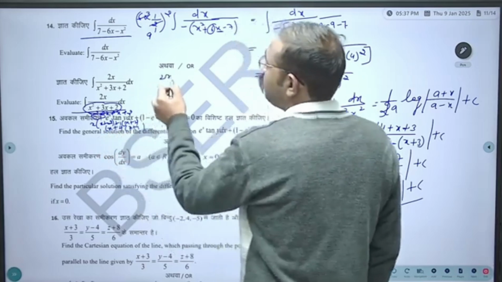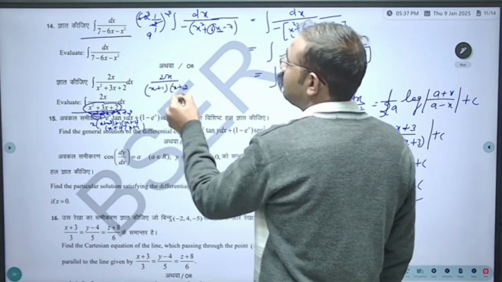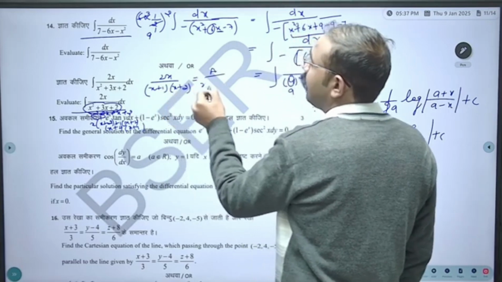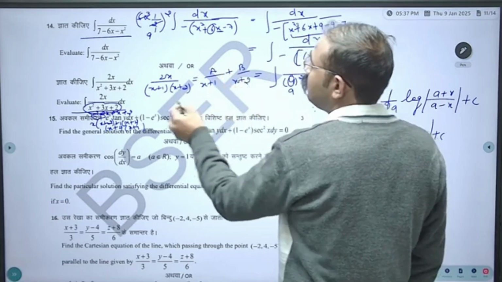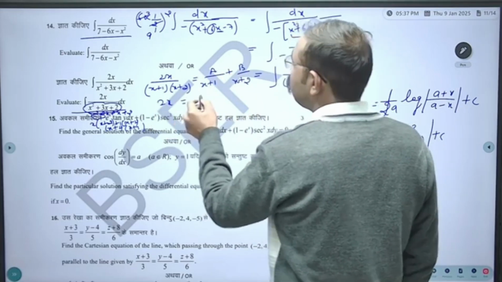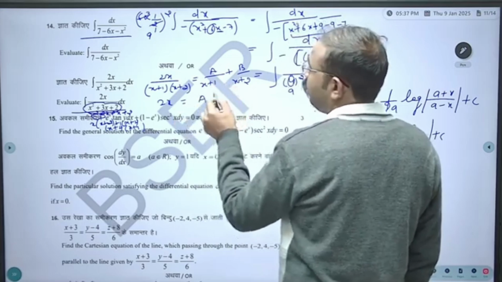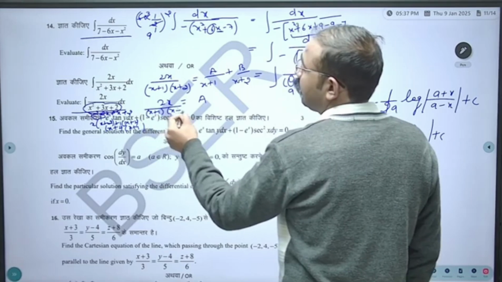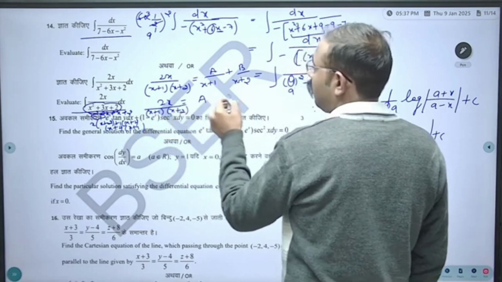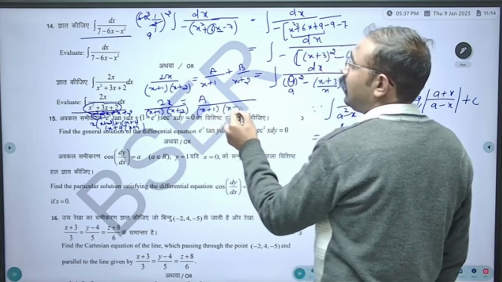So by partial fraction, 2x upon (x plus 1)(x plus 2) is a upon x plus 1 plus b upon x plus 2. 2x is equal to a multiplied by 2x upon (x plus 1)(x plus 2). Here the LCM will be x plus 1 and x plus 2.